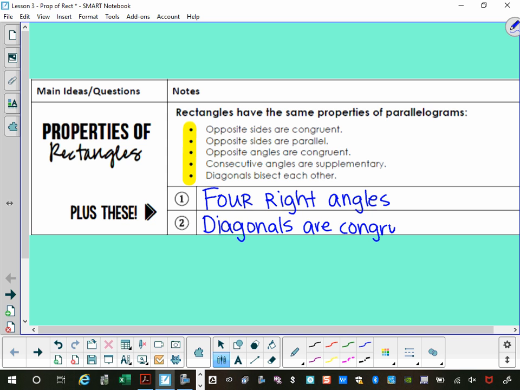What does it mean when it says four right angles? What kind of degrees is that? 90. So what that means is if we have a rectangle, you guys have learned this in second grade, maybe longer, that each of those four angles is a right angle. That is important for when we get to our angles.